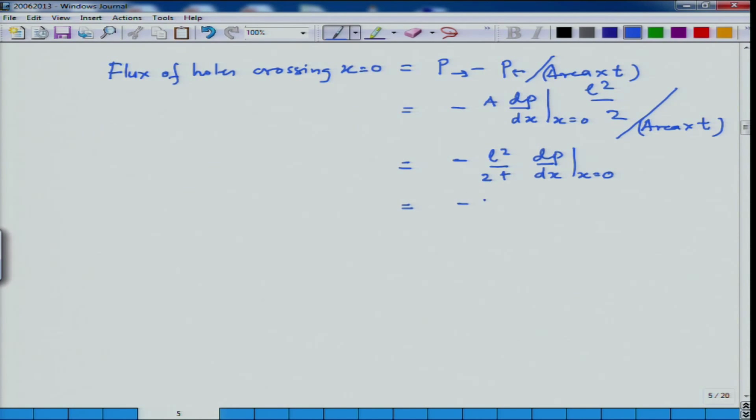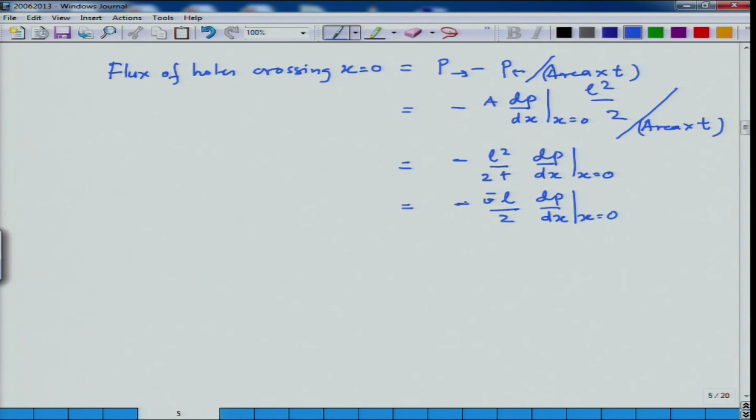So, this expression is nothing but V bar L by 2 dP dx at 0. So, this is the flux of holes crossing x equal to 0. This is the total value.